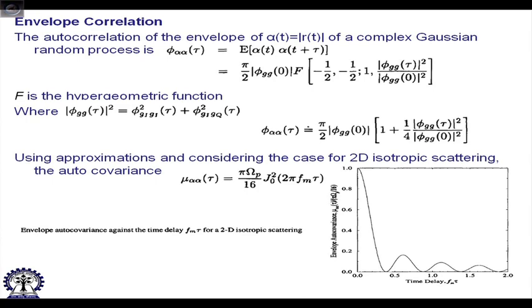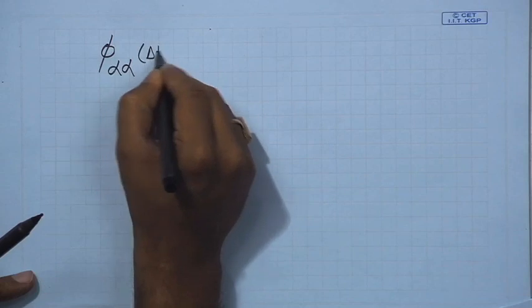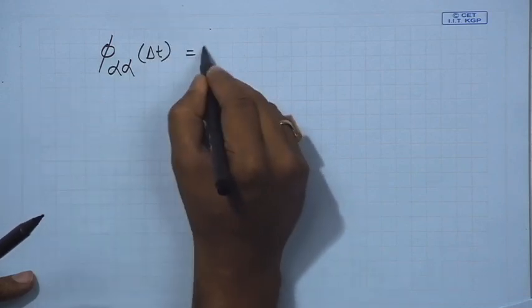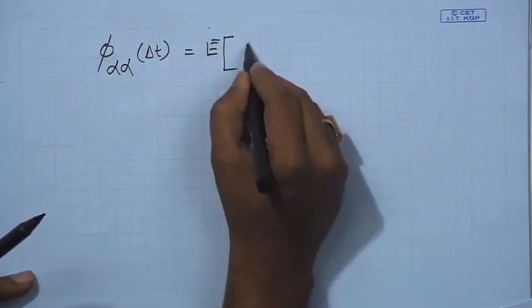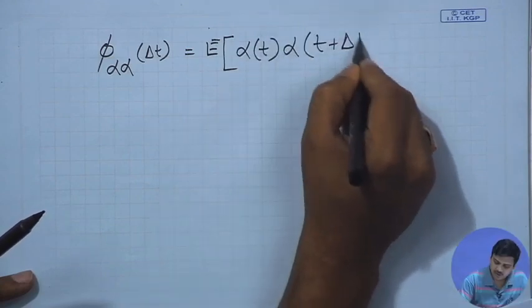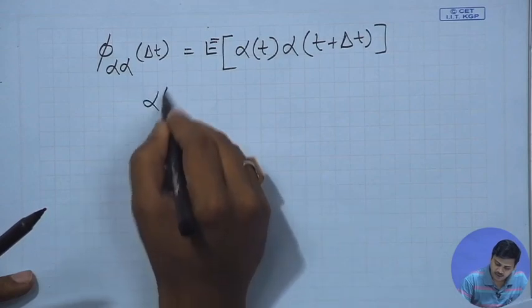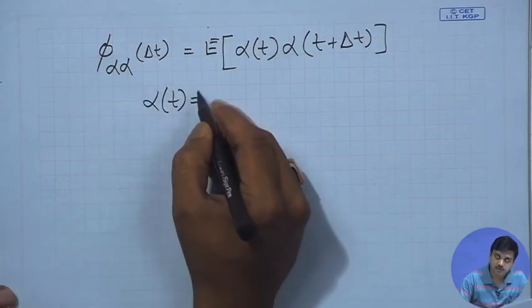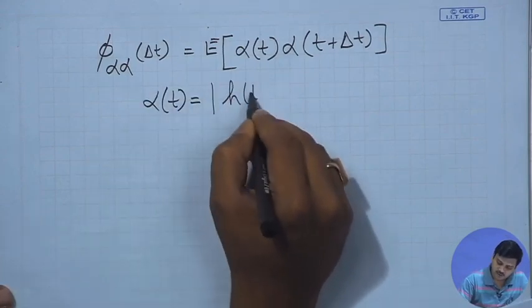What we would lastly like to see is the envelope correlation. Envelope correlation is basically the correlation of alpha, alpha of t. Basically, we are talking about phi of alpha alpha delta t, which is equal to the expected value of alpha of t times alpha of t plus delta t, where alpha of t is equal to mod of h of t.